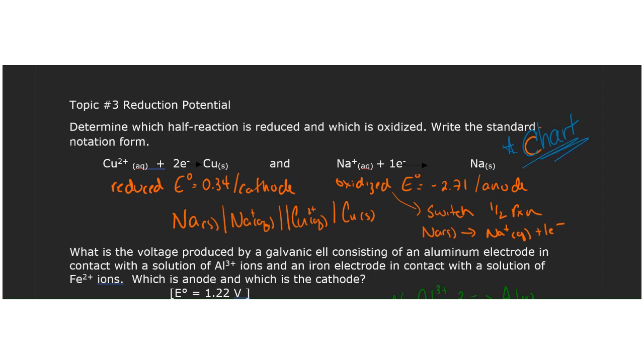The chart. Right? So the half reaction that is higher up the chart is the reaction that is reduced. The chart even says that, I believe, in an arrow.